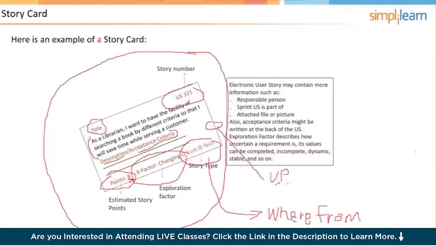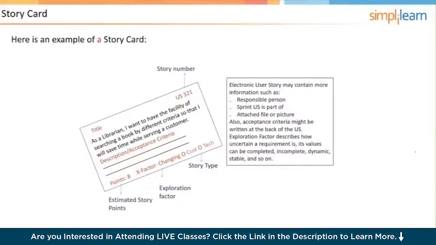Over to the right here on the same chart, we have some comments about if you are using a software package like Trello or Jira or something like that, the user story cards will generally be able to contain more information using dynamic links and things like that.